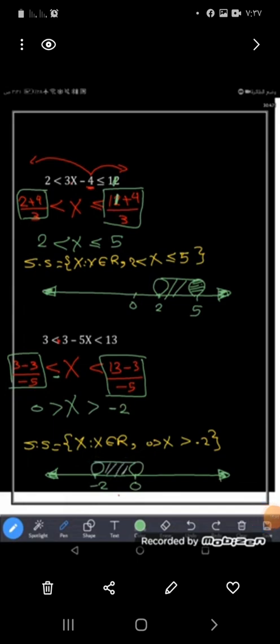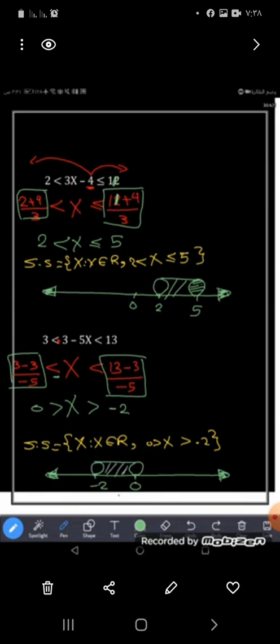2 less than 3x minus 4 less than or equal 12. Then we can put negative 4, make it positive 4 on the two sides. Then we can say 2 plus 4 less than 3x less than or equal 12 plus 4. 2 plus 4, it means 6.